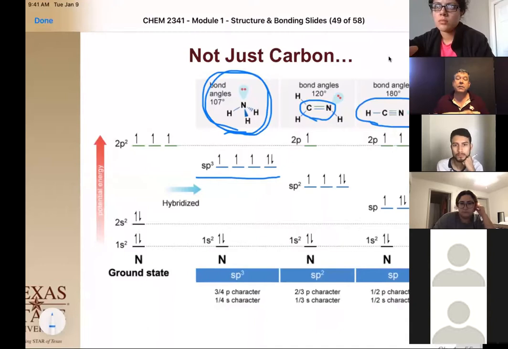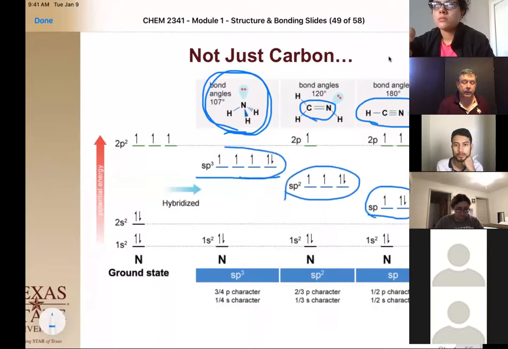We have it just as if it was acetylene, an sp hybridized orbital plus 2 p orbitals available. The only difference is in each of these, the lone pair is in the hybridized orbital. The lone pair is always in the hybridized orbital in the nitrogen.